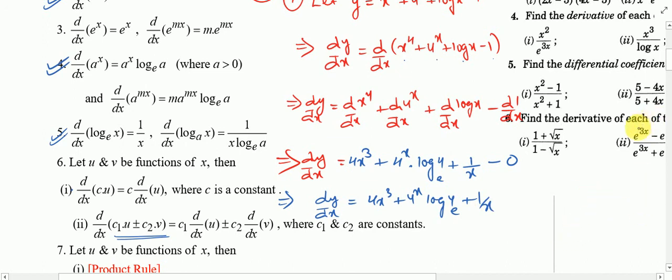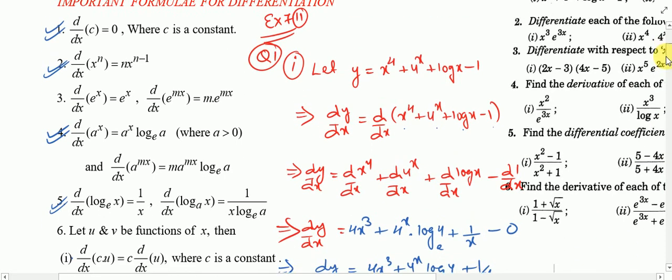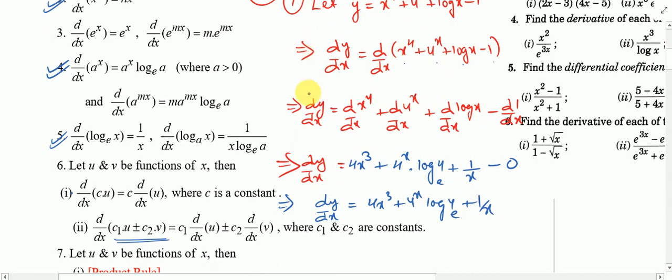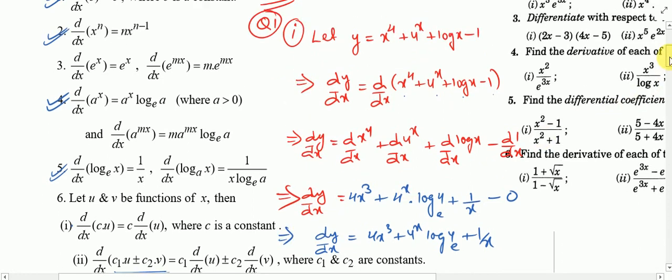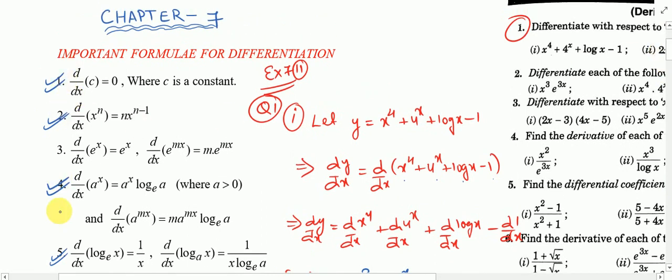Here you observe that for this question we have done 4 steps. In the fourth step we got the answer. But once you know all these formulas properly, and you know how these things behave, just looking at this you can give the answer.